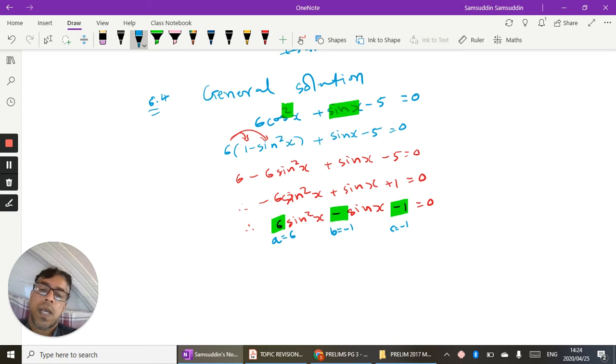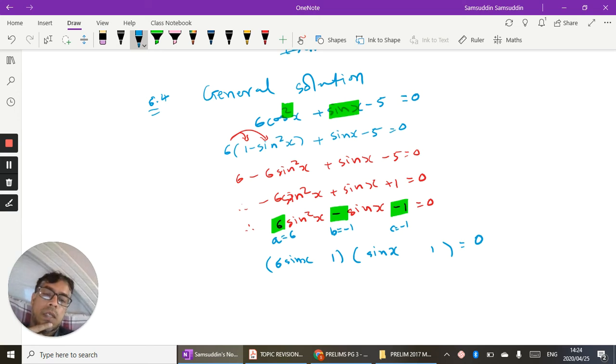Let's check the factors. If I say 6 sine x and sine x, 1 is 1, 1. Okay. 6 times 1 is 6 plus 1. Okay, so that one might work. Negative 6 sine x plus sine x.